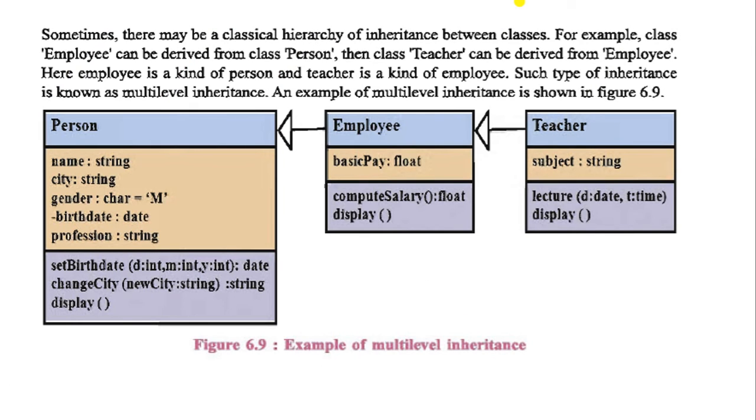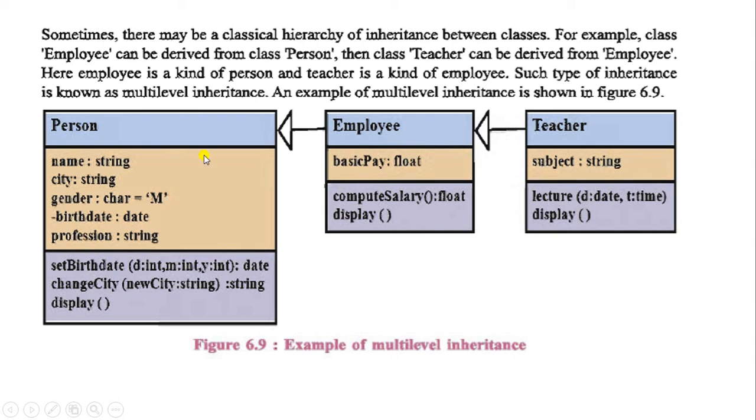Now another one is multiple inheritance. What happens here is there may be a hierarchy of inheritance between classes. For example, class employee can be derived from class person.